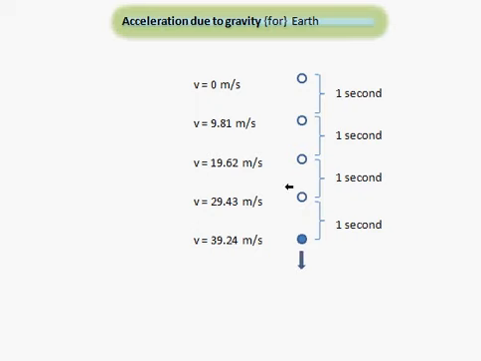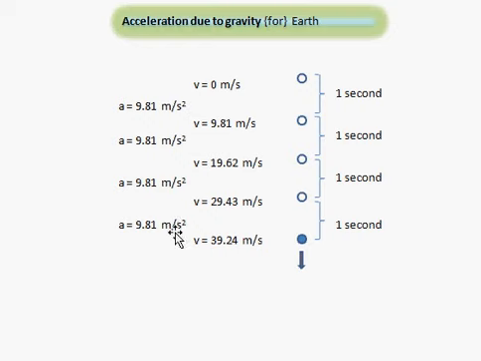Let's calculate the acceleration. The acceleration between the first 2 points, that is 9.81 minus 0, the whole divided by 1 second, will give you the acceleration to be 9.81 meters per second square. Similarly, the next 2 points will give you the same answer.